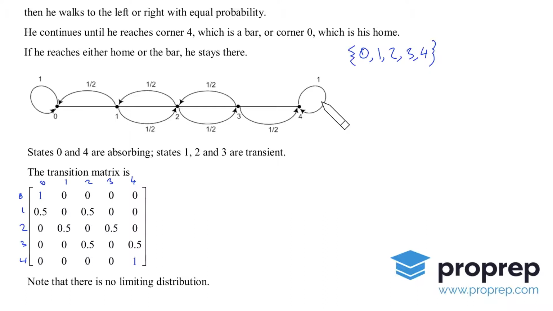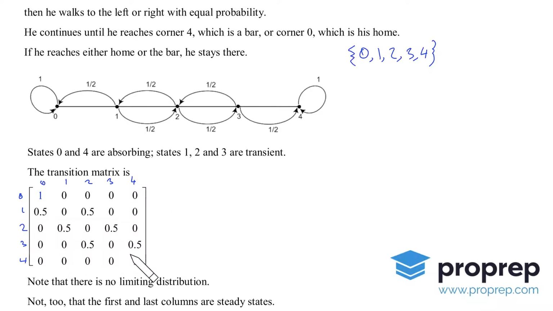In principle, he could just keep going back and forth here, but the probability of doing that for infinity is 0. He will eventually reach one of these two, but there's no single limiting distribution. However, there are steady states.